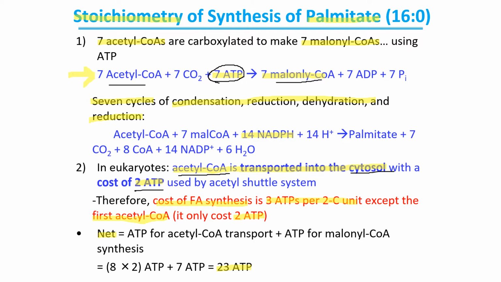Each one requires 2, so multiplied by 8 gives us 16 ATPs, plus 7. So in total we need these 23 ATPs for making one palmitic acid.